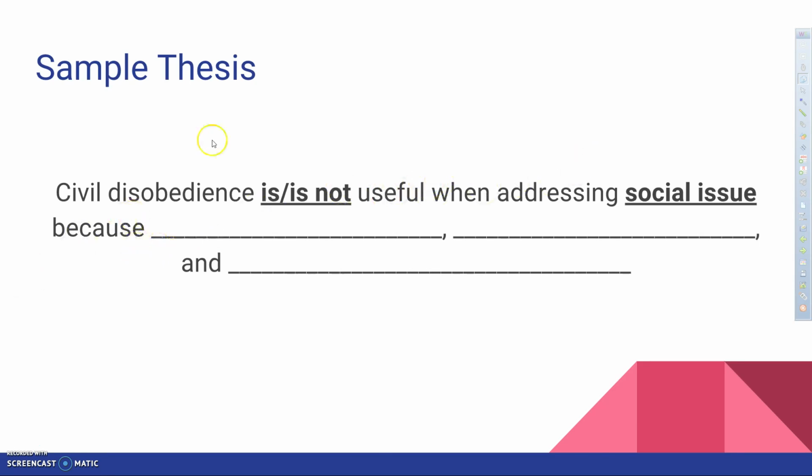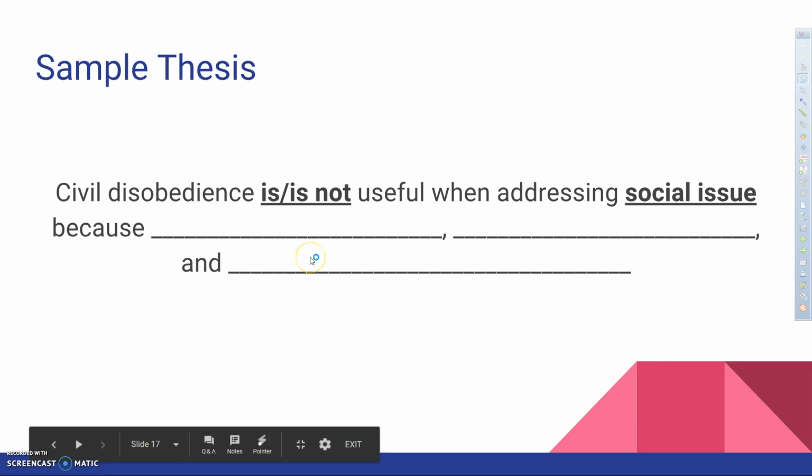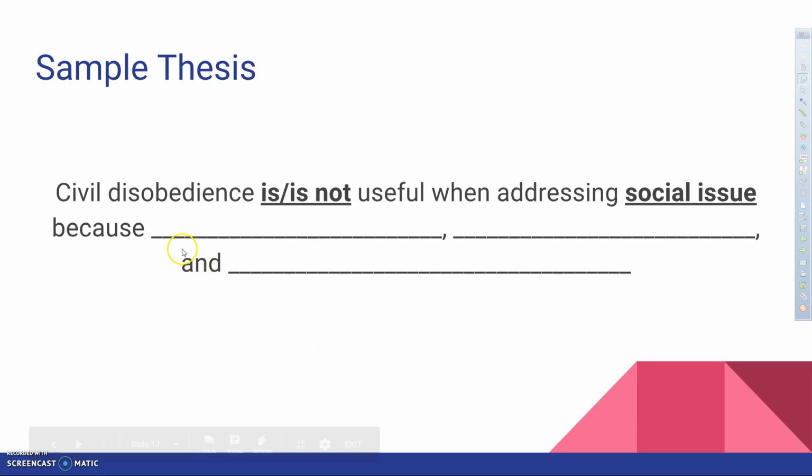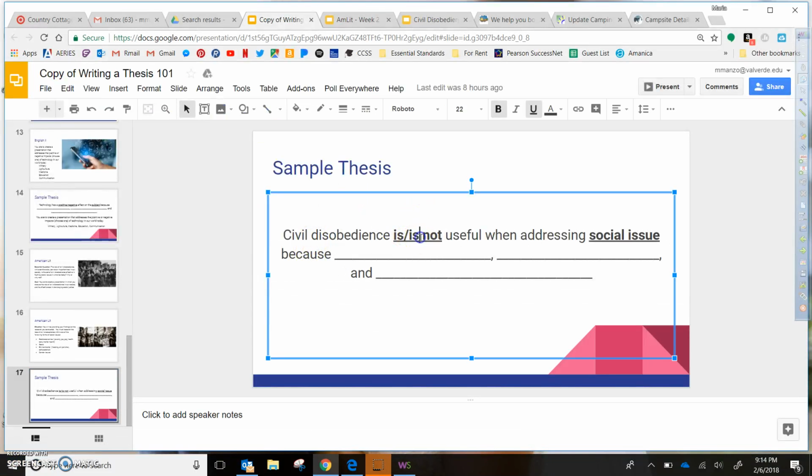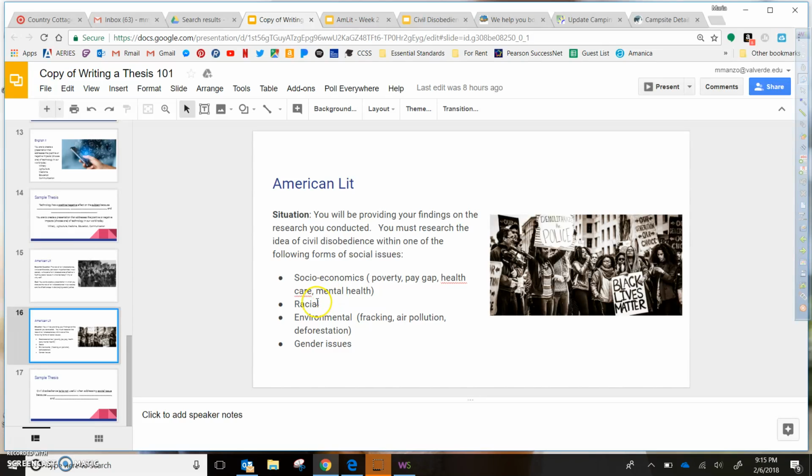Remember, your thesis has to have 3 different reasons why. You cannot have a thesis statement that is only this first part. That is not a powerful thesis statement. So, in that sense, what you would do would be something like this. Let's say I have chosen to talk about racial issues.